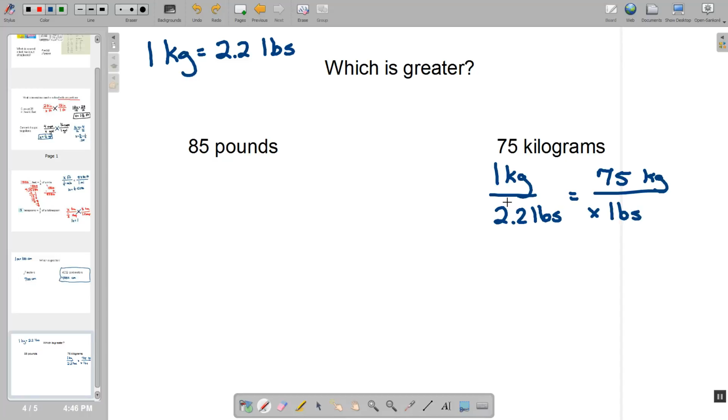And this is important: the number of pounds is higher than the number of kilograms, so my answer better be bigger than 75. Now we're at the point where you're allowed to use a calculator, but I'm going to show you that you don't need one. 1 times x just is 1x, and 75 times 2 and 2/10. Whoops, I better write it down correctly.